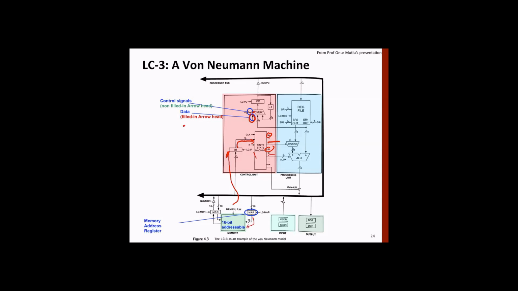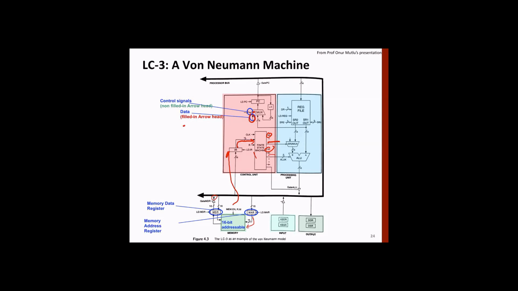Then the output of the memory, whatever 16-bit word you read, goes to the memory data register. Note that this is a solid arrow, meaning data flows out, and here there is a gate, and the gate gets a control signal, of course through the FSM.